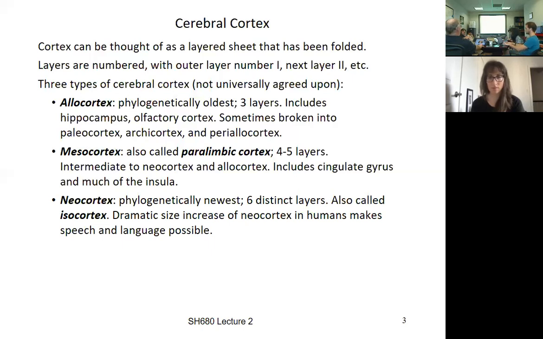Okay, and as you might imagine, since speech and language are human-specific, and the neocortex is much, much more evolved in humans compared to our closest relatives, it's necessary, basically, for language, and most of the language and speech function takes place in the neocortex, especially the fine-grained control.